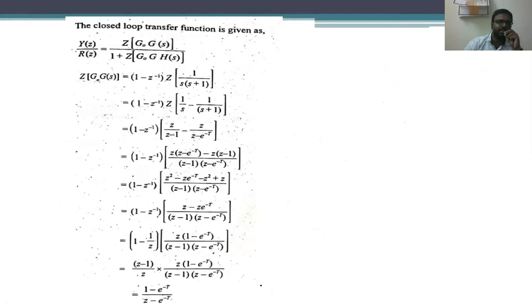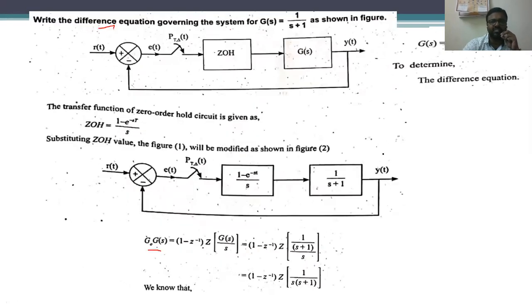So for this closed loop circuit, we have the expression g of s divided by 1 plus g of s into h of s. H of s value is 1, and g of s is going to be considered as g naught into g of s here, where g naught is the zero order hold circuit and g of s is the discrete data system.